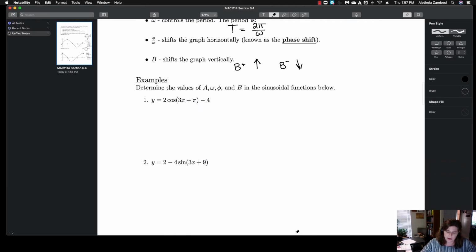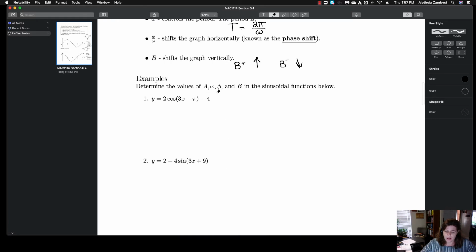So if I want to figure out what the terms of a, omega, phi, and b are in these sinusoidal functions, I can look at the positioning of the numbers. So remember that y is equal to a times cosine of omega x minus phi plus b. So here a is equal to 2.